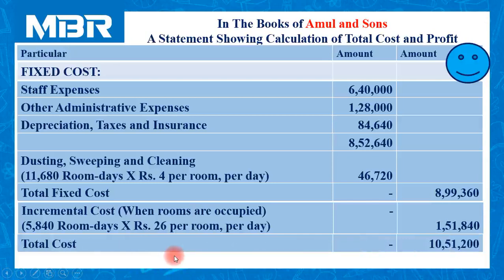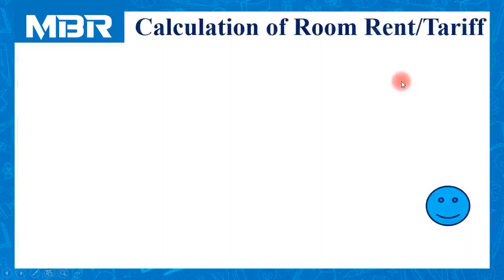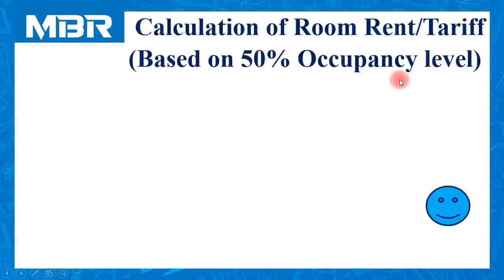It means total cost of operating the hotel at 50% capacity is 10,51,200.